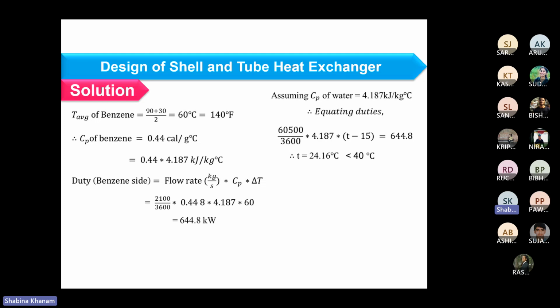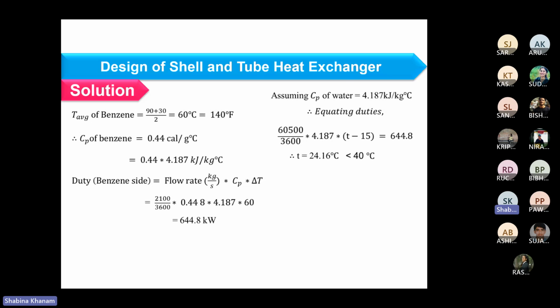If you consider this CP of water, 4.187, and considering this we can make the energy balance, and the temperature you can obtain. Outlet temperature of the water is coming as 24.16.